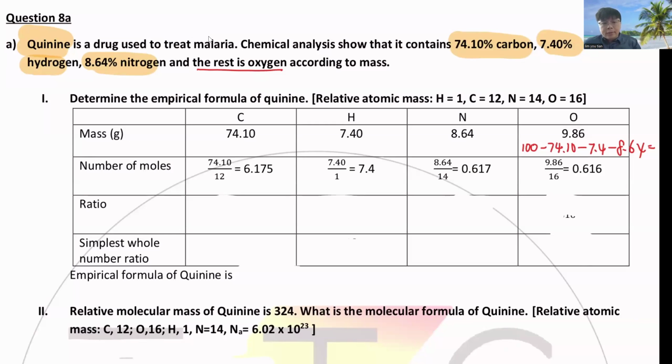Okay, now after you get these values, the next step is you need to find out which is the smallest. Smallest, I think, is this.